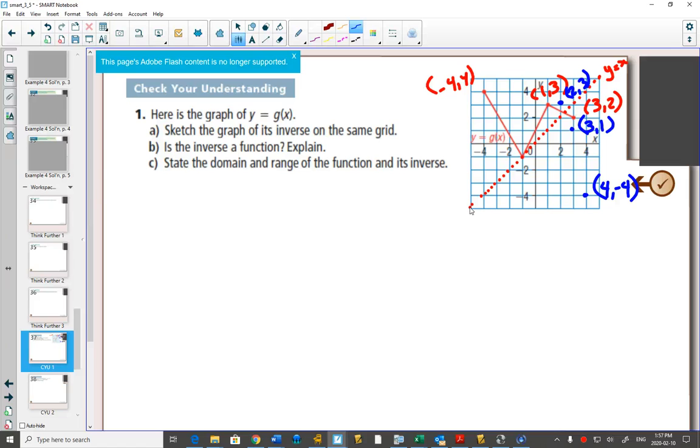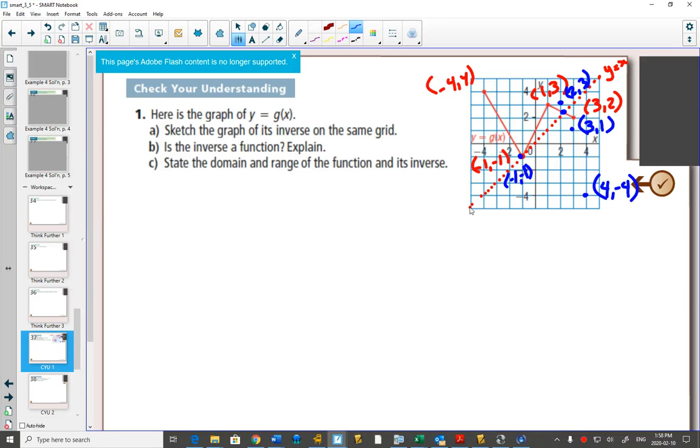And this point, interestingly enough, at negative 1, negative 1, when you switch them, well, you get the same point. That becomes something to be aware of, because you can graph one other point on here really quickly. That one right there.